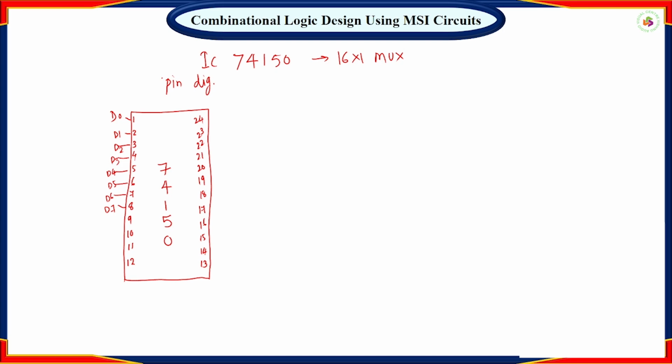Also 11, 12 are data inputs: D8, D9, D10, D11, D12, D13, D14 and D15. These are the data inputs. And pin number 9 is a strobe, which is an extra control signal called strobe or enable signal.